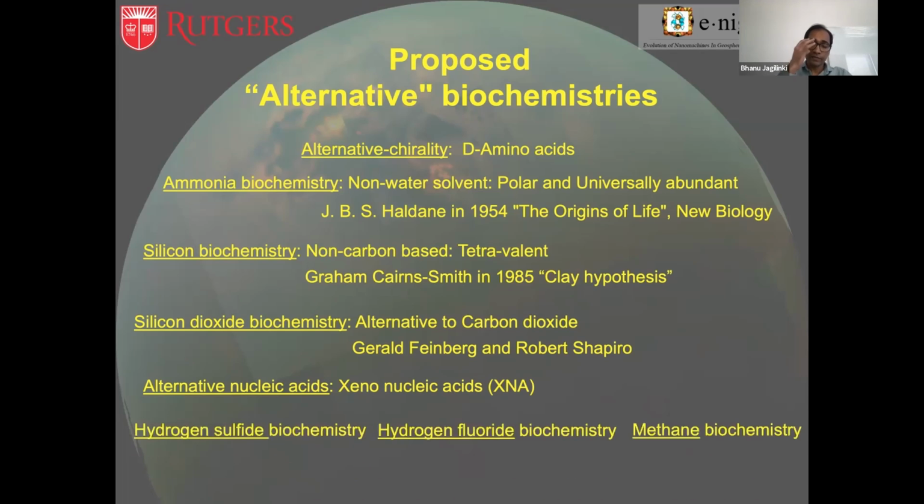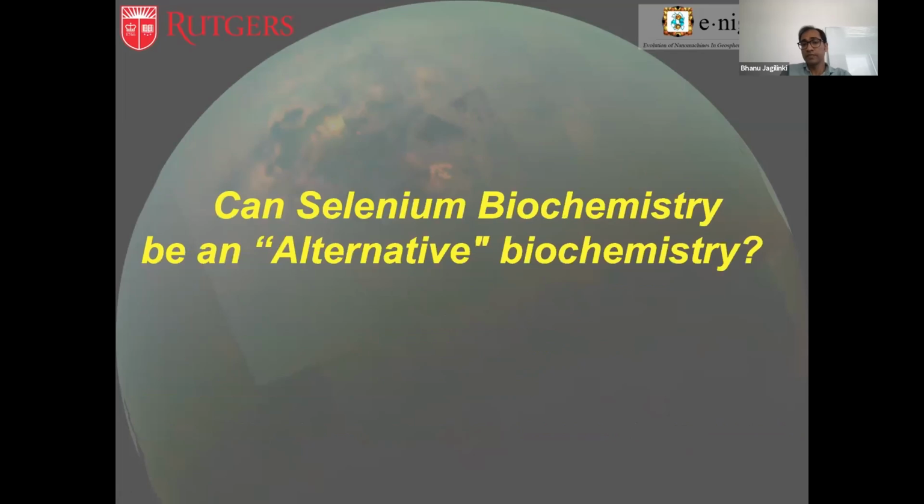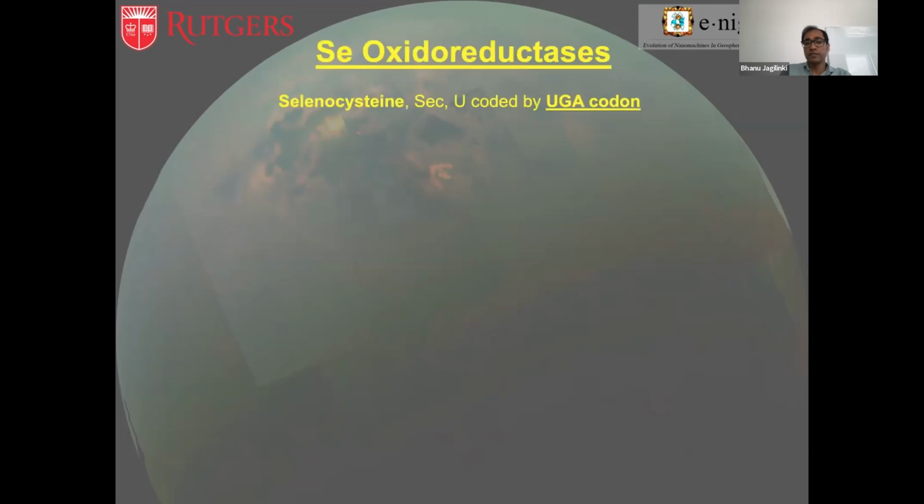Likewise, there have been other proposals such as hydrogen sulfide and hydrogen fluoride, and methane biochemistry has also been proposed. However, selenium has not been emphasized on this front yet. So the question is, can selenium biochemistry be an alternative biochemistry? Before we get into that, let's look into selenium oxidoreductases. Fortunately, they are naturally present in many living organisms on Earth itself.